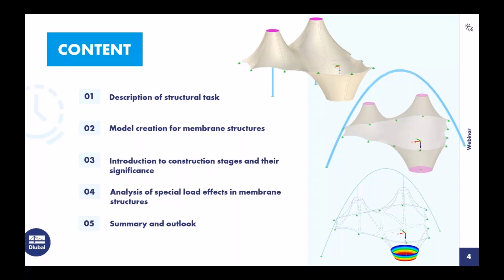We analyze the special load effects in membranes. Points 3 and 4 are more or less one point, and we repeat it from stage to stage. And finally, I give an outlook regarding the fields of membrane structures in RFEM. So this brings me to the end of this slide, and we jump directly to the first point.